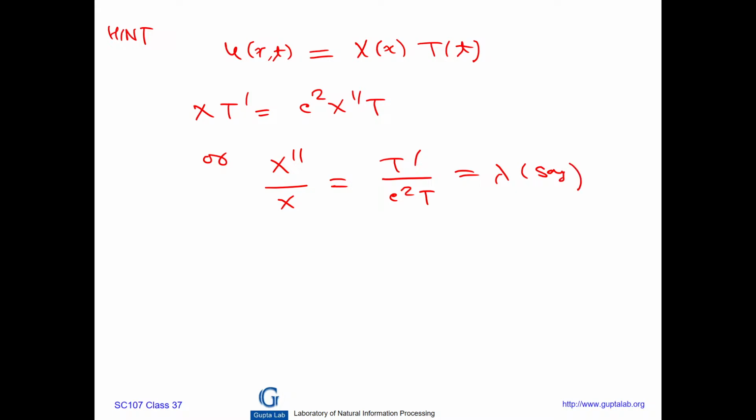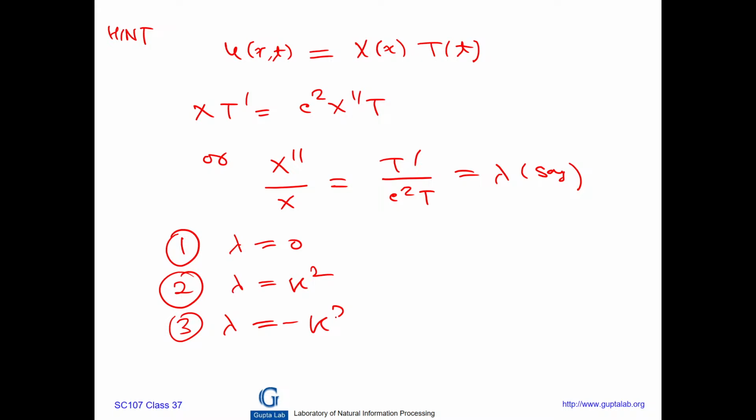Just like in the previous example. Again, three cases. Case 1 when lambda is equal to 0, case 2 when lambda is equal to k square, and case 3 when lambda is equal to minus k square, right? Just like that in previous case, right? So I leave it to you, just substitute, just solve these equations and put these conditions, right, to get.